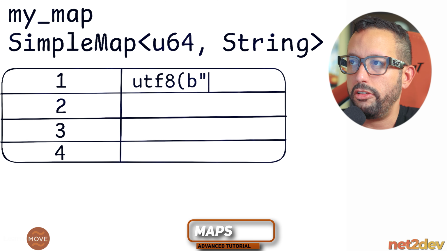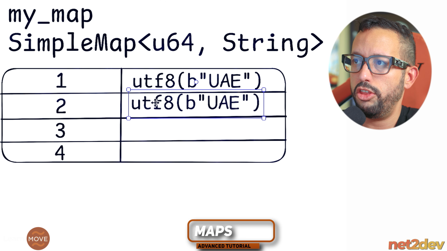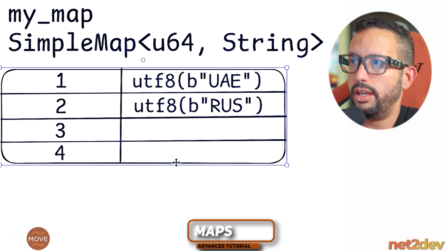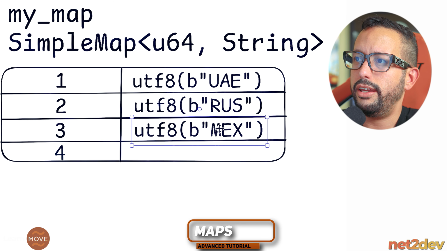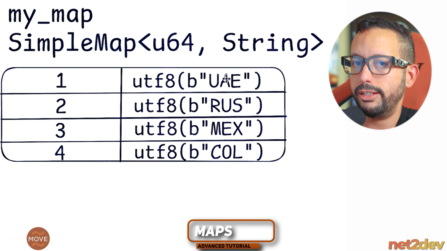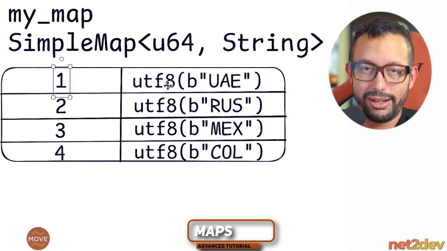I'm going to store the first country, UAE. And I can continue doing this with the other values. I can say Russia, I can say Mexico, and finally Colombia. If I want to access that data, if I want to read the data, I will have to pass the key number, and then I will access the value.